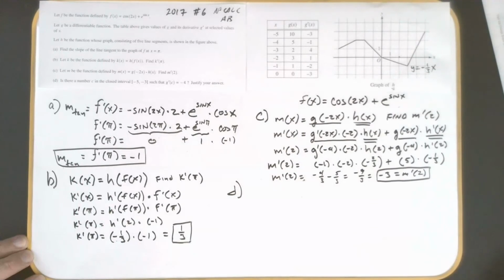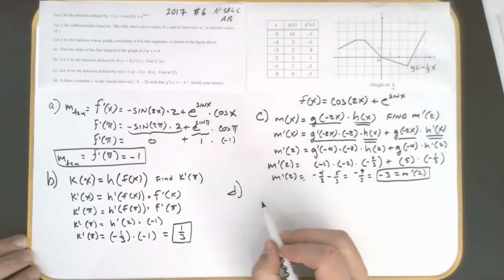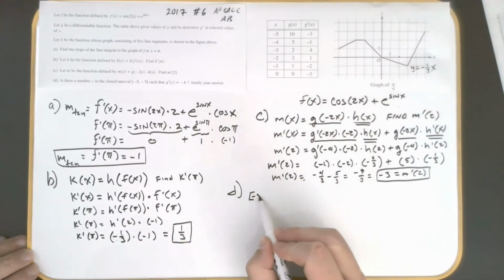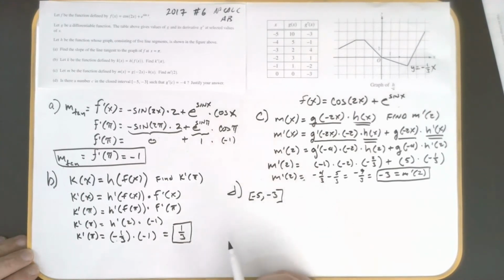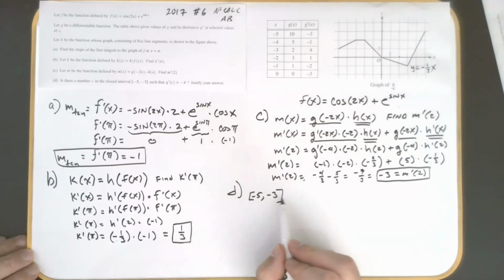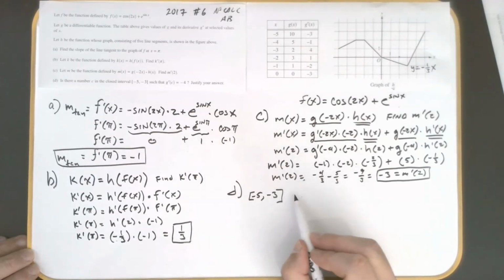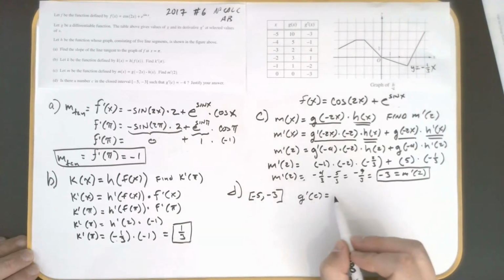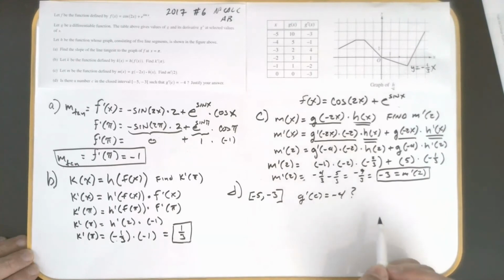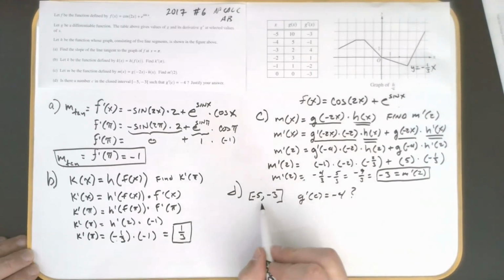So what we're going to do is just take what they gave us, which was on the interval -5 to 3. Okay, so there's the closed interval. We want to figure out what is the average rate of change over that interval, and the question is, is there a point in there where g prime of c is equal to -4? So we're going to find the average rate of change, the slope of the secant.